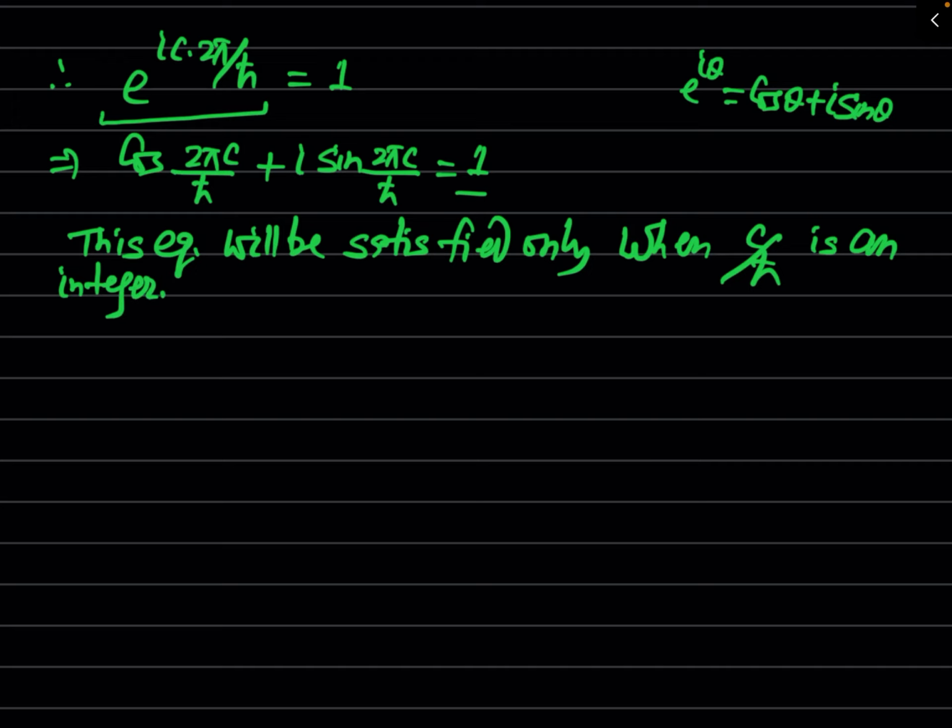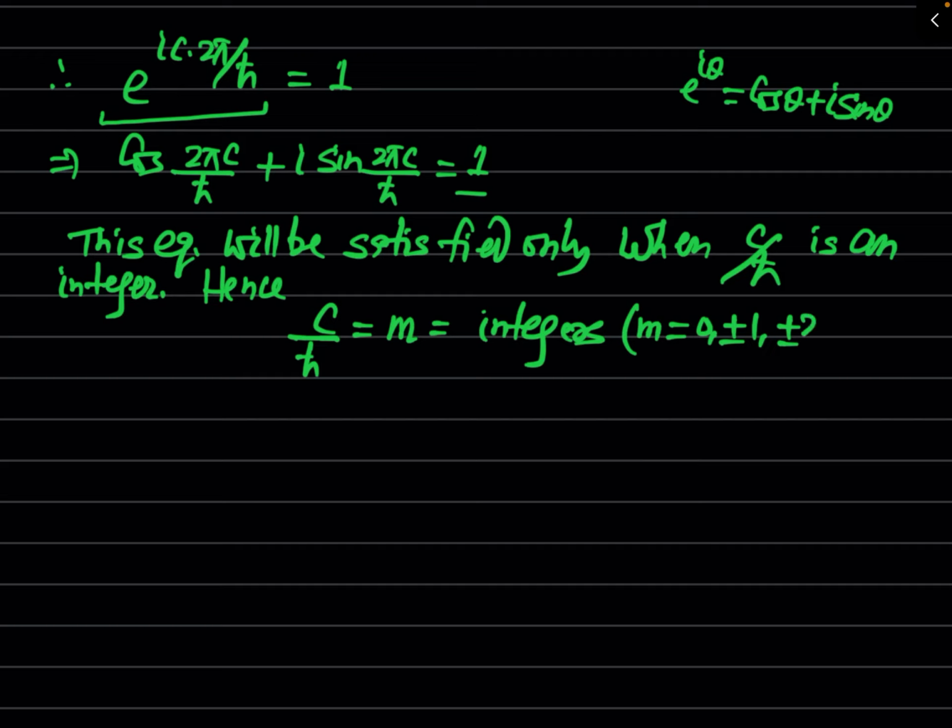Hence c over h bar must be equal to m, where m is an integer. It means m is equal to 0, plus minus 1, plus minus 2, plus minus 3, and so on. Only then this equation will be satisfied.